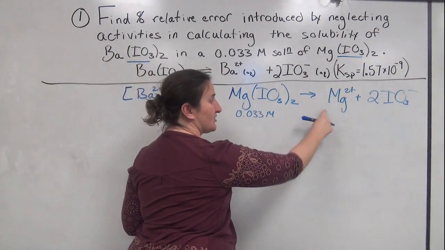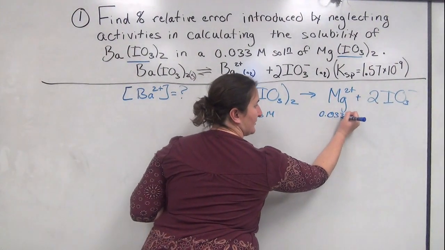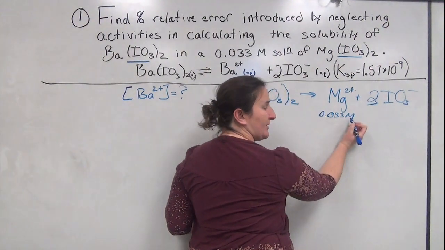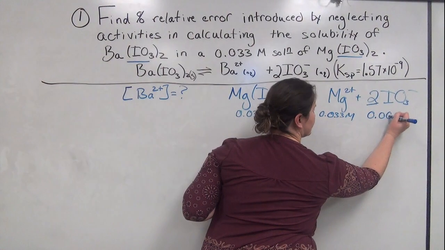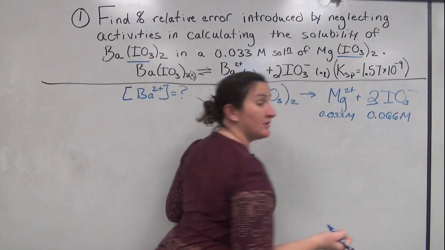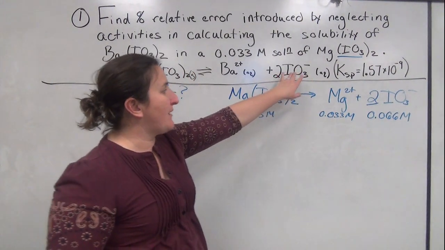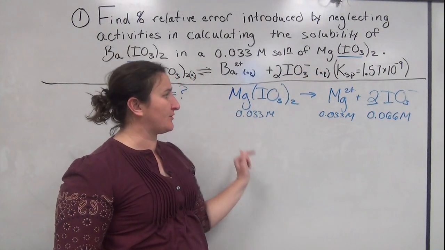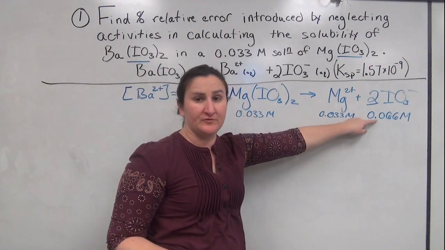That's going to translate to 0.033 molar magnesium. And since there's a 2 here, you multiply this 0.033 by 2, and we get 0.066 molar. Now that we've established that, we can think about how much iodate is being produced from barium and how much is going to be produced from magnesium iodate. And it's going to majorly be due to this.